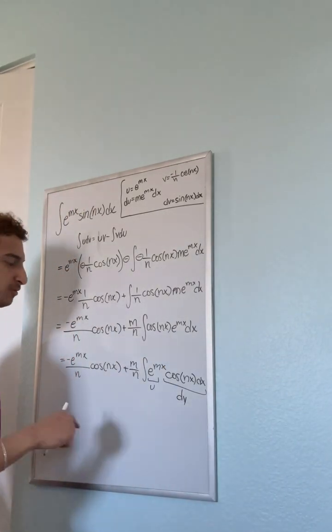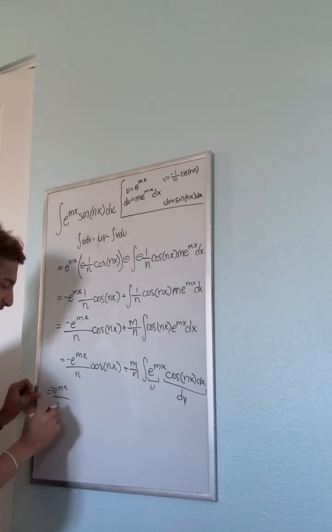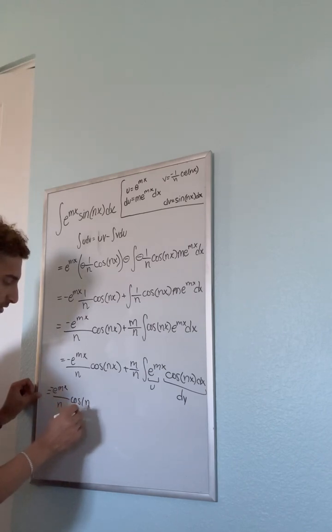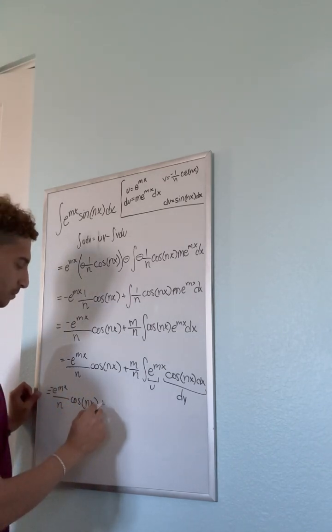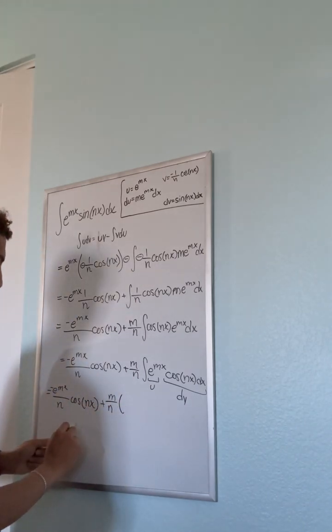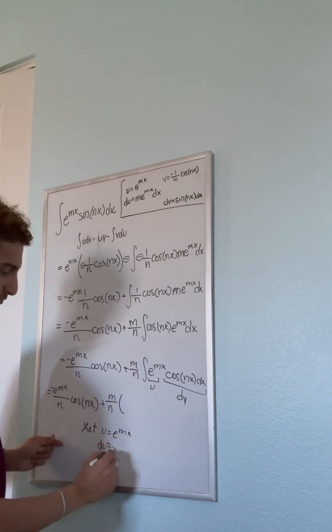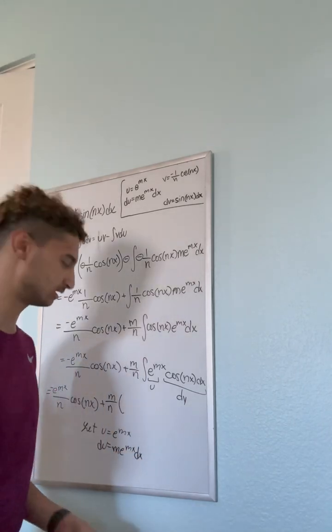Okay, now we have negative e to the power of mx over n cosine of nx, right? Plus m over n. Now we need to let u equal e to the mx. So again, du would be m e to the mx because of chain rule, like we said, right?